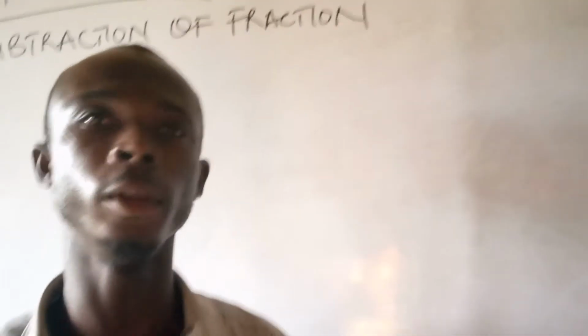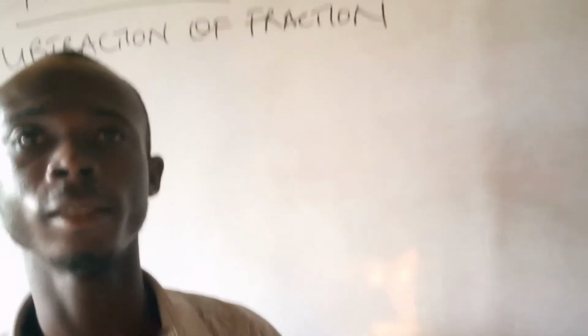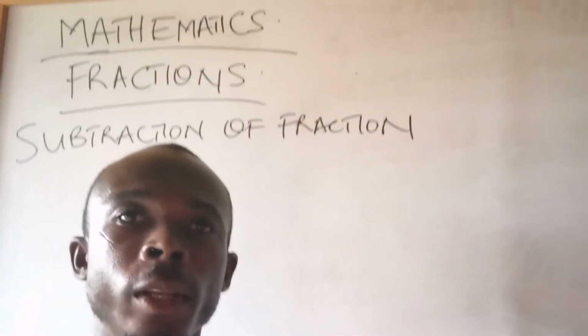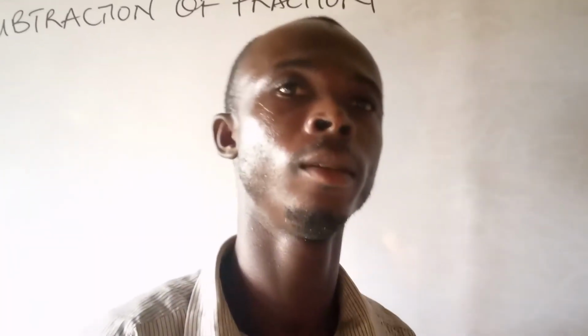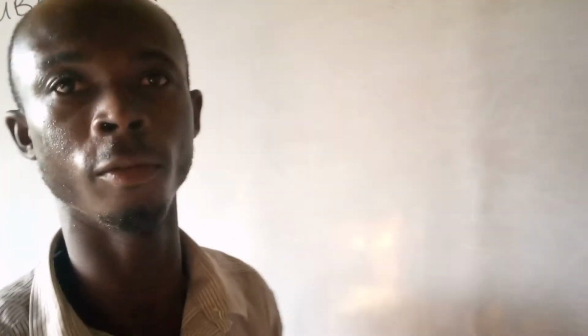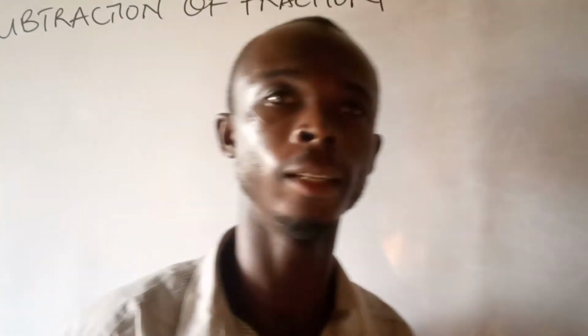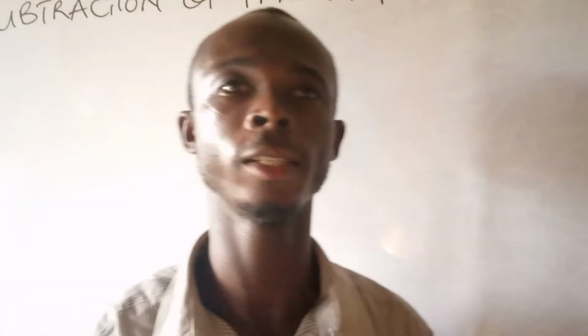We are still on fractions, and we now want to learn something about subtraction of fractions. Under subtraction of fractions we find our LCM, which is the least common multiple.